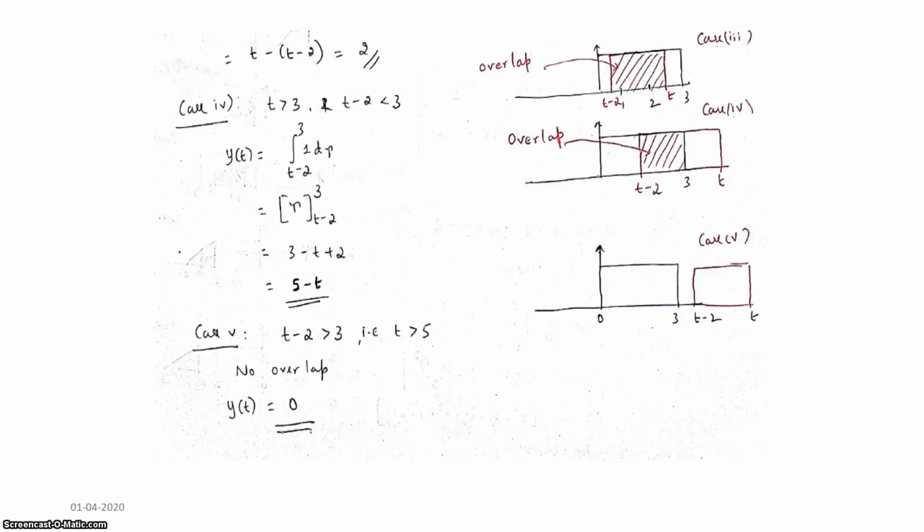So we can observe there is overlap between the signals, a partial overlap at the right side. The overlapping region is from t minus 2 to 3. So you'll get the output in that region. I'll apply the integration from t minus 2 to 3. I'll integrate it. I'll get the answer as 5 minus t.